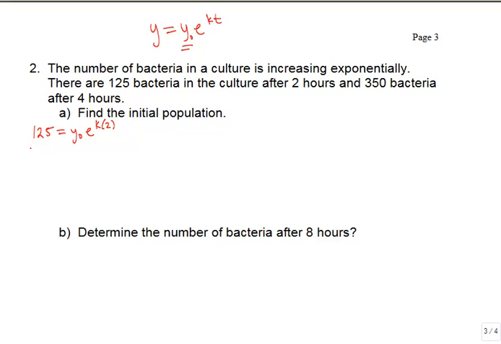We also know that there are 350 bacteria in our population after 4 hours, so when t is 4. Now this actually creates what's called a system of equations. It's two equations with two variables. It's not a linear system of equations because we've got these exponentials in here, but it still is a system.